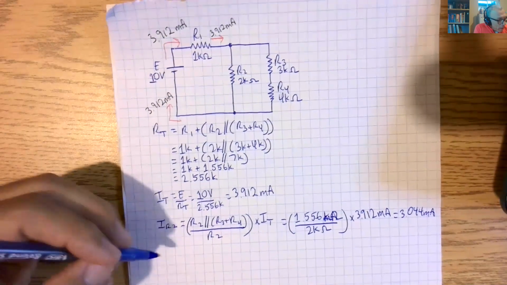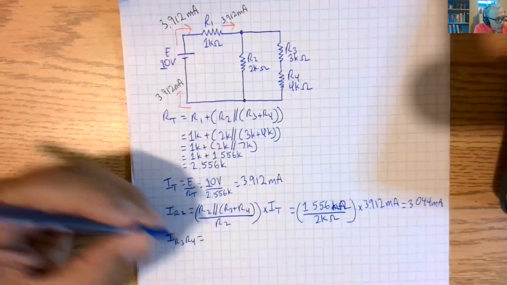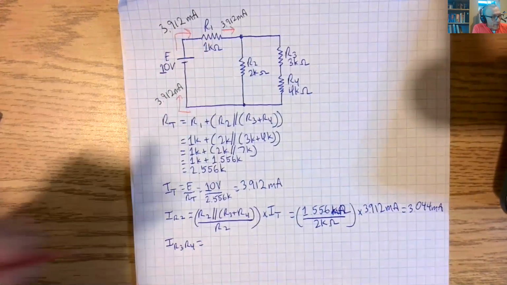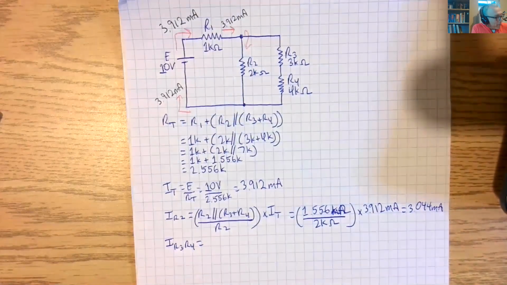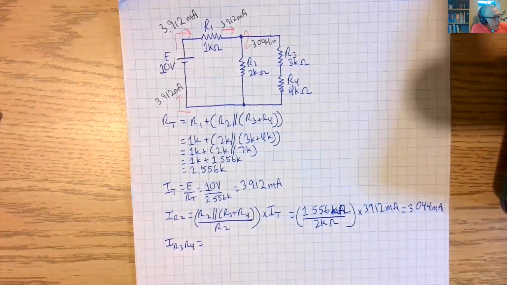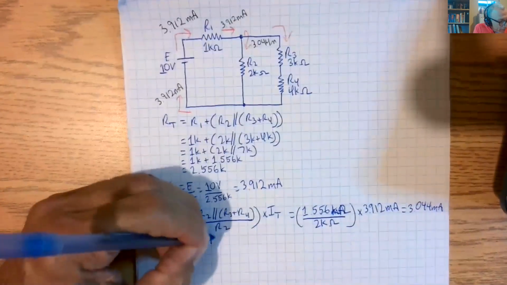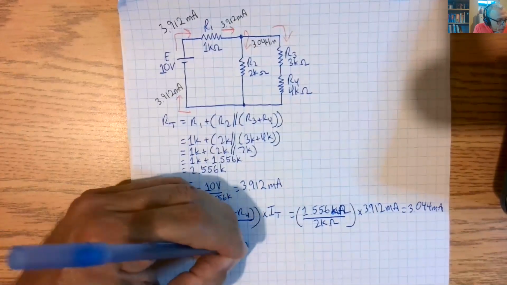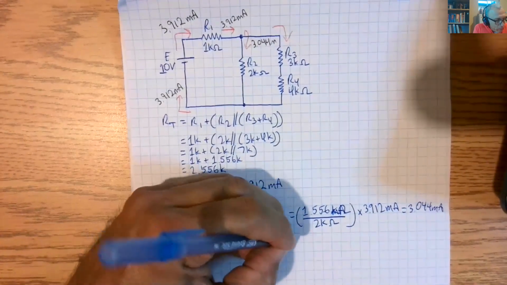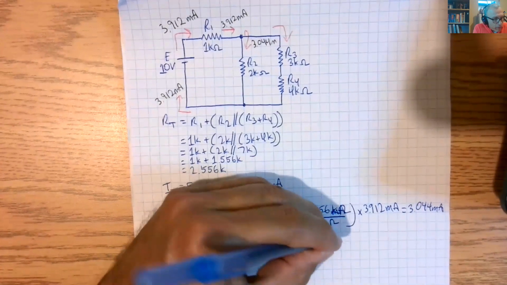Okay, so for IR3, R4, we can use Kirchhoff's current law by saying that it's IT less IR2, which is 3.044 milli. So IR3, R4 is IT minus IR2, which is 3.912 milli minus 3.044 milli.